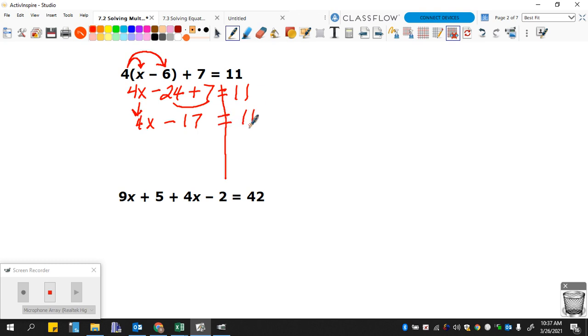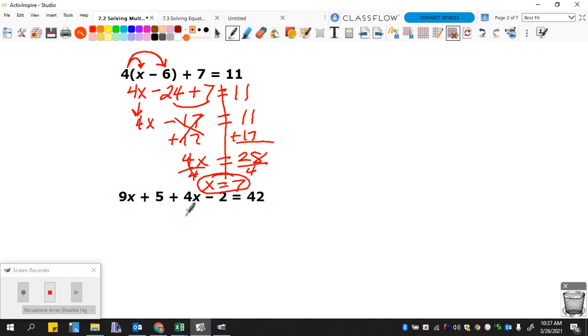So the opposite of subtracting 17 is adding 17. The 17's cancel out because they add up to 0. We're left with 4x is equal to 28, divided by 4. Once again, the 4's cancel out, and x is equal to 7.